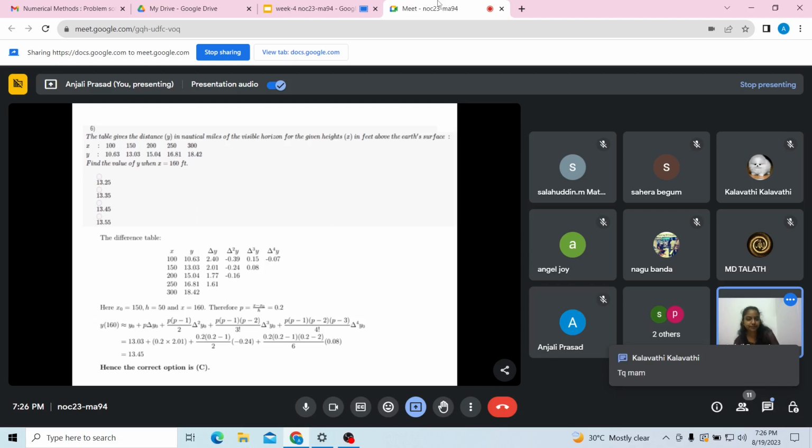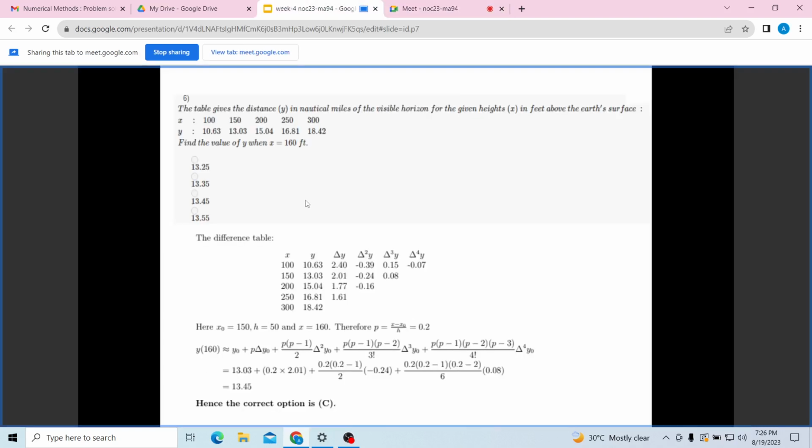Or you can try with this also. If you take x naught as 150, then y naught as 13.03, then you can take these values also, 2.01, minus 0.24 and 0.08.